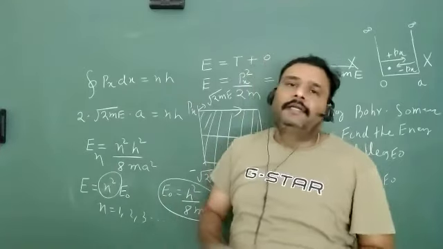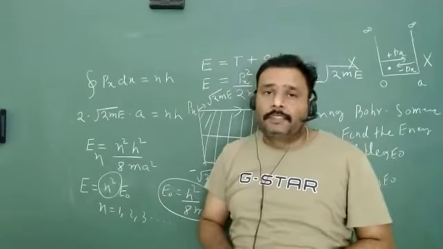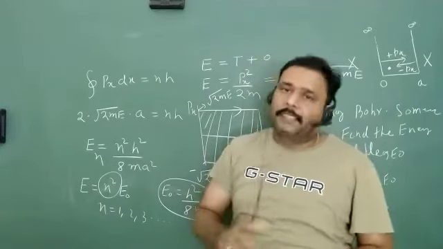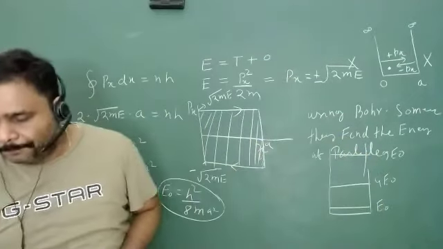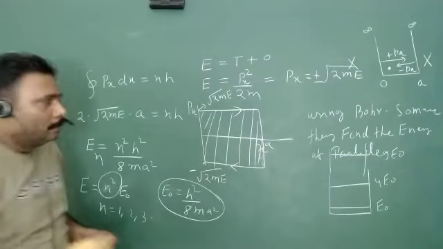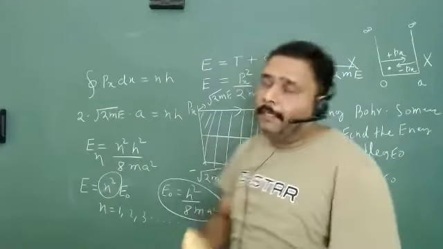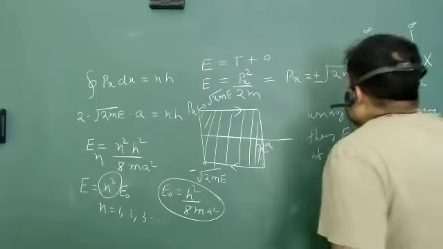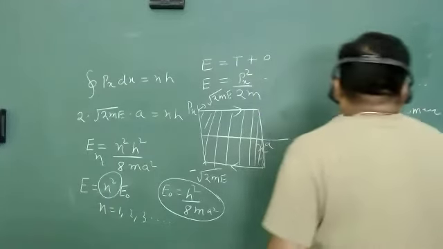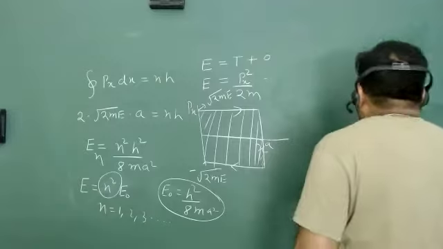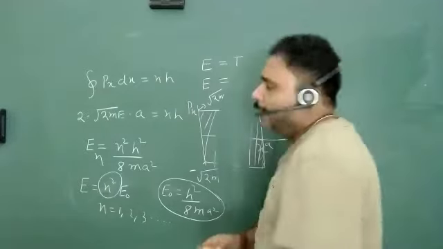Another way is given by the very famous Mr. de Broglie. So let's go for the de Broglie hypothesis. Please mind that these are all hypotheses. There is no sort of derivation of this.